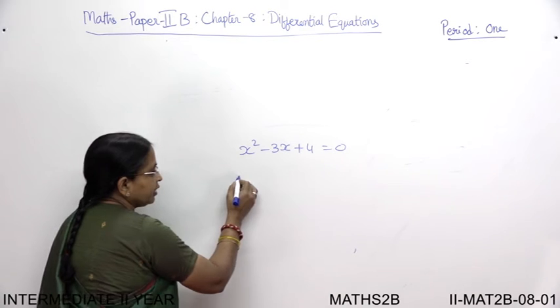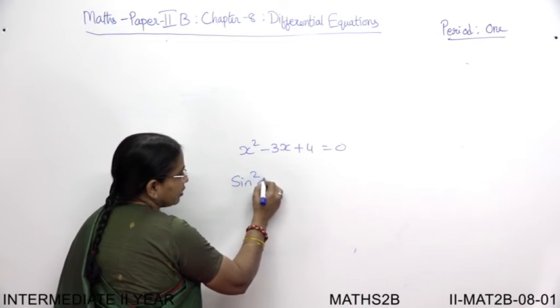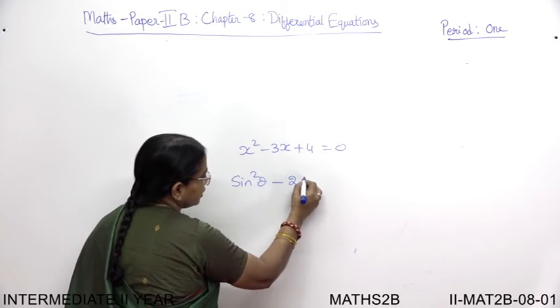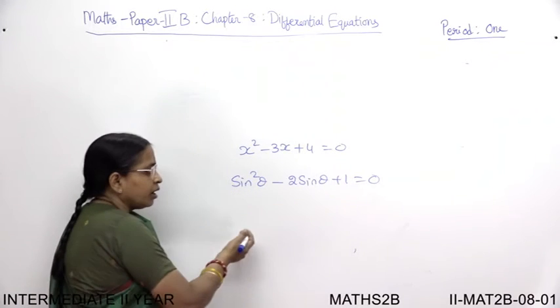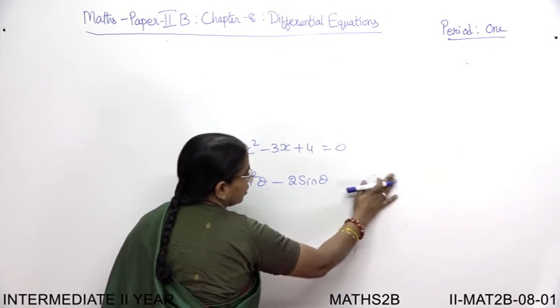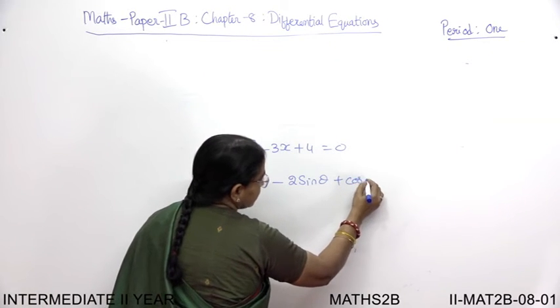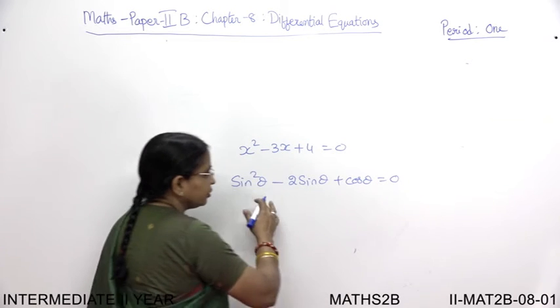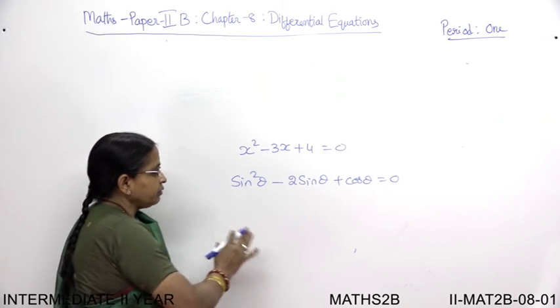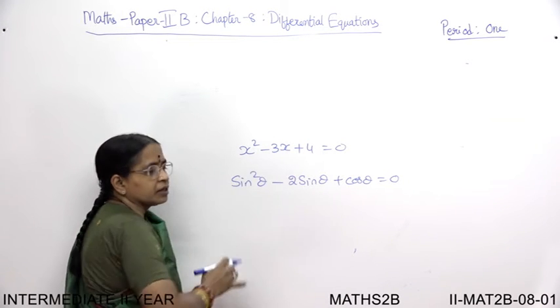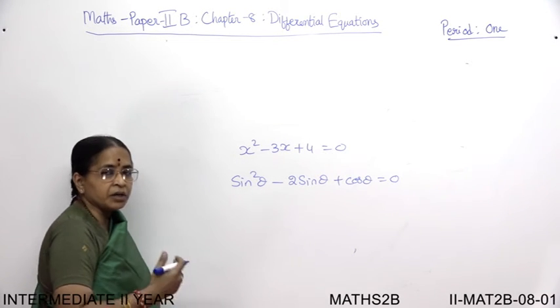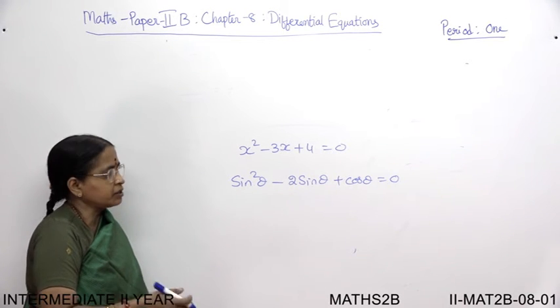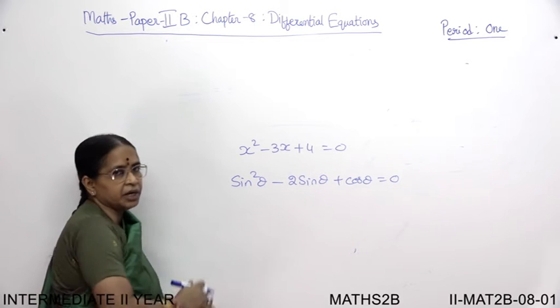Now trigonometric equations, you know, sine square theta minus 2 sine theta plus 1 is equal to 0, or it may contain cos also, or plus cos theta or something like this is equal to 0. So you have such equations. An equation containing algebraic terms is an algebraic equation. An equation containing trigonometric ratios of sine, cos, tan and all is a trigonometric equation.